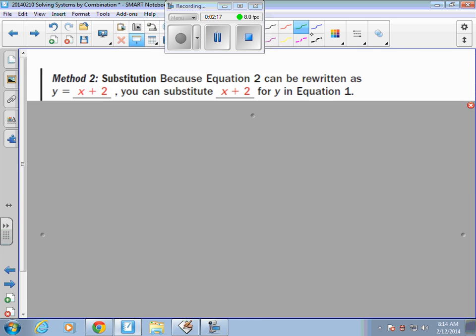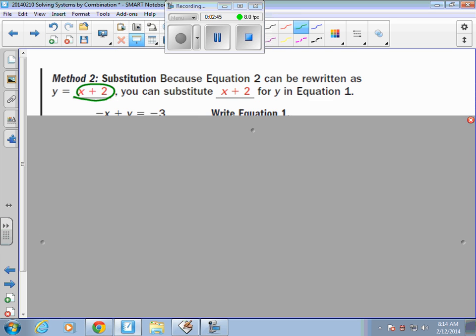The second method is the substitution method. That was graphing, and that was the first method we learned to solve systems. The second one is the substitution method. Both of the equations can be written in y equals mx plus b, because that's what we did a second ago. Since equation number 2 can be rewritten as y equals x plus 2, you can substitute this value x plus 2 in place of y.